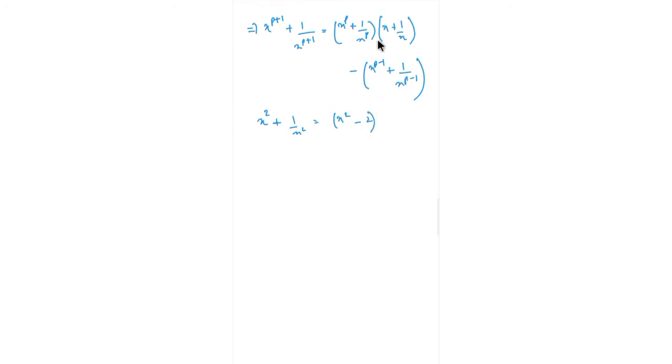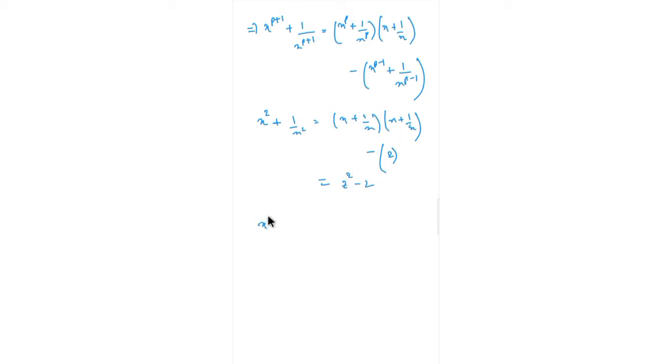Let me put it here: it's basically x plus 1 by x into x plus 1 by x, with p equal to 1, and minus of x plus 1 by x, which gives 2. So if I assume x plus 1 by x to be z, it's nothing but z square minus 2. This is what I'm gonna get.